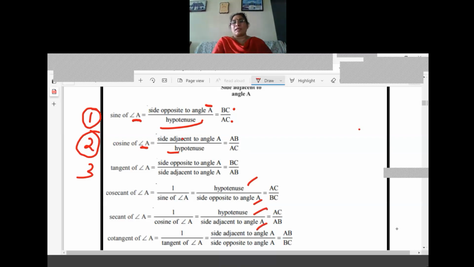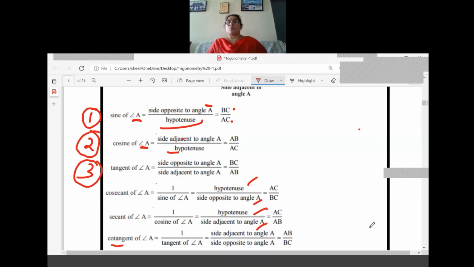So naturally you will get AC by AB. Now the next one is cotangent. Cotangent means the reciprocal of the third, 1 by tangent. It is equal to adjacent side divided by opposite side. So if you learn the first three trigonometric ratios thoroughly, you can write the next.